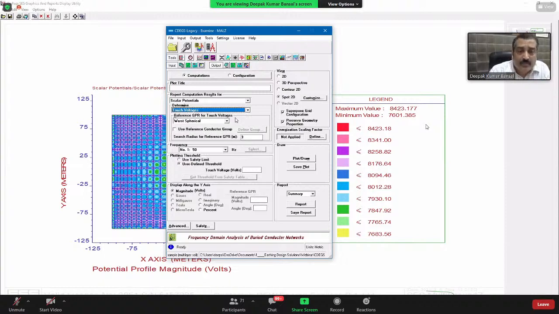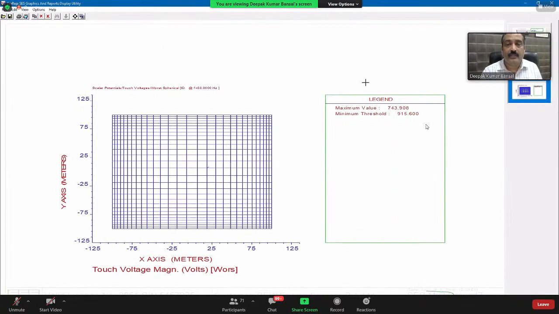Now, the most important thing which everybody wants to see is the touch voltage. We will use the safety limit and see whether our grid is safe or not. Here it comes.